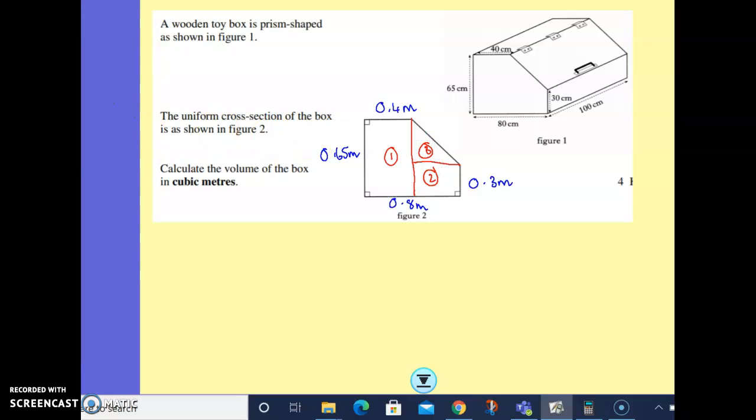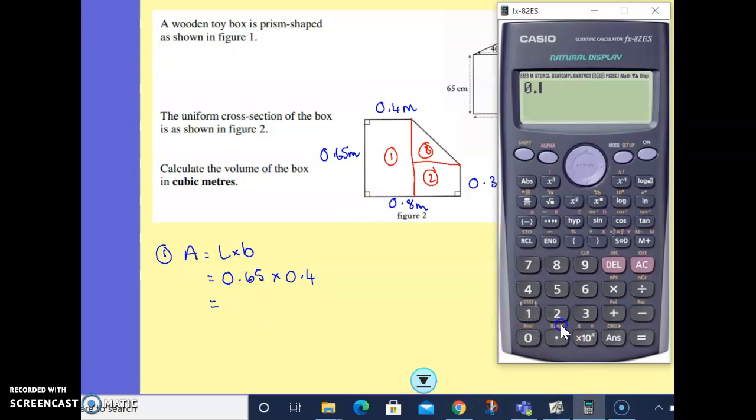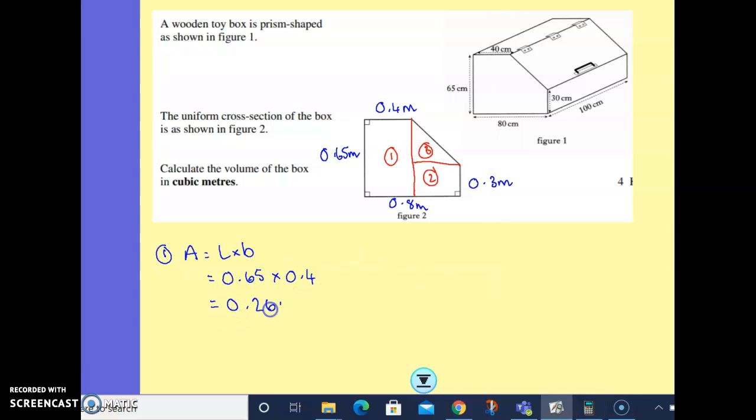Okay, so the area of the first one is a rectangle, so my area is L times B, which is 0.65 times 0.4, which is 0.26 metres squared. Second area is this other rectangle over here.